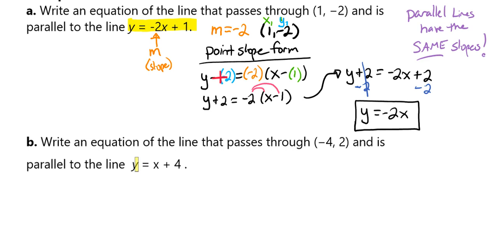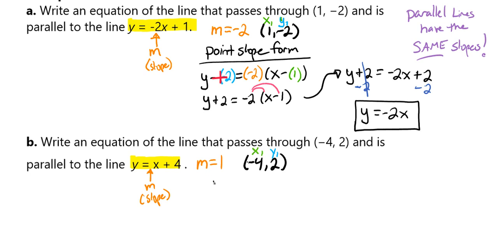Here we were given the equation y equals x plus 4, and we see that in the m's spot, the slope's spot, we have a value of 1. We were given the point negative 4, 2, so we have an x1 value of negative 4 and a y1 value of 2, and we're going to use point-slope form.